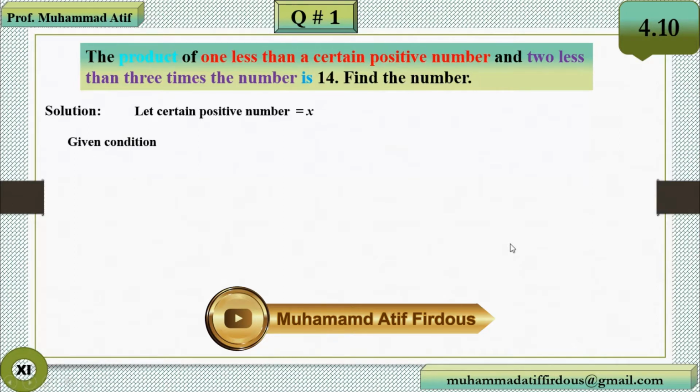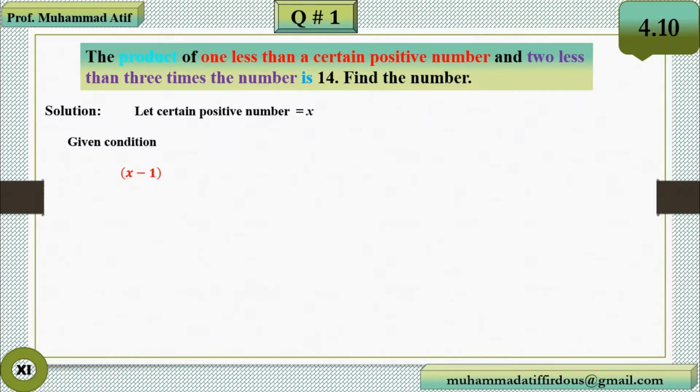You can focus on the red color, 1 less than a certain positive number. So just subtract 1 from our required number, meaning you can write x minus 1. Just focus on the color. x minus 1 means 1 less than a certain positive number. Got it?